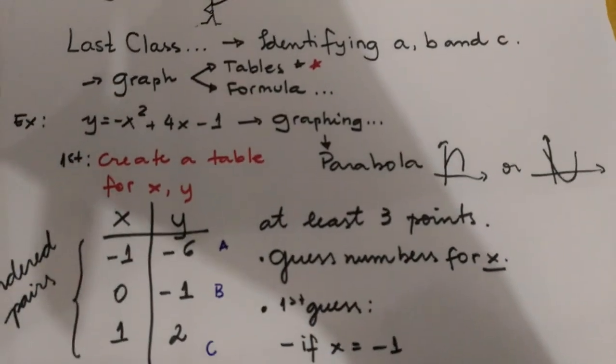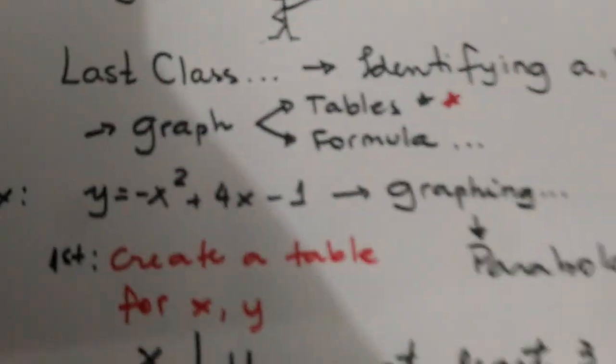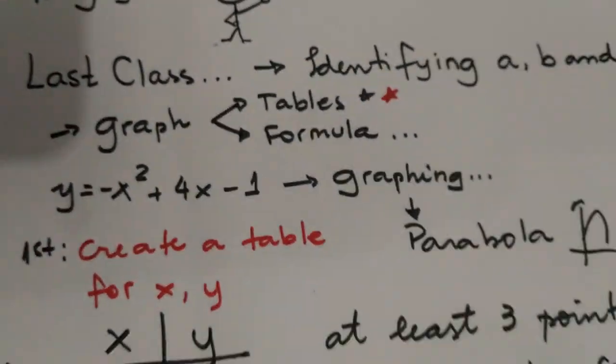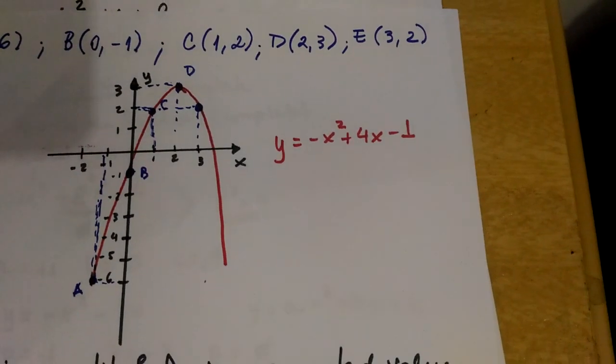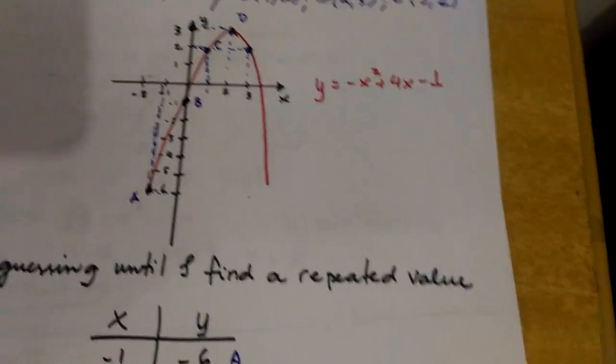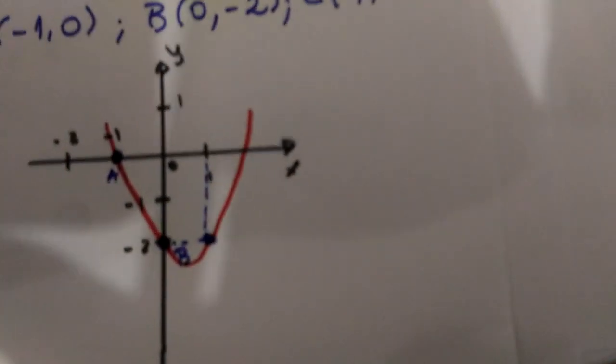Remember, a is the number that is in front of the x squared. So in this case, we had negative x squared plus 4x minus 1, and this was the graph we got. And then our second example was positive x squared minus x minus 2, and this was the graph we got.